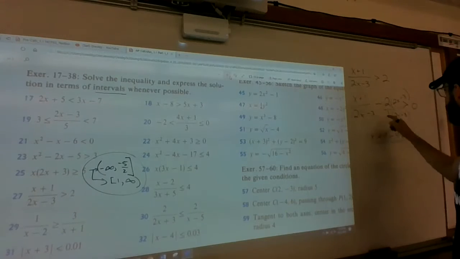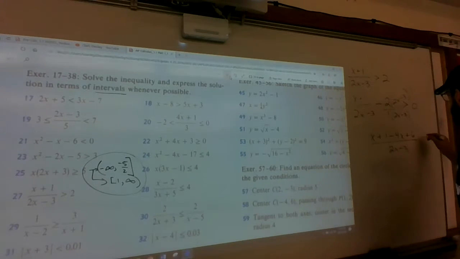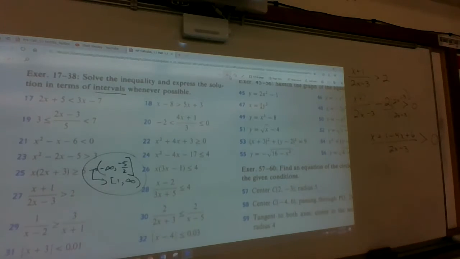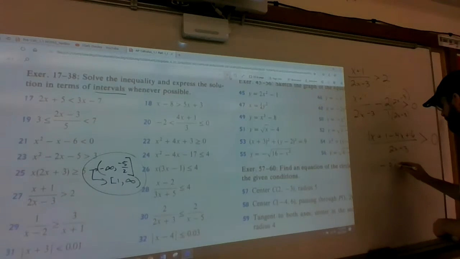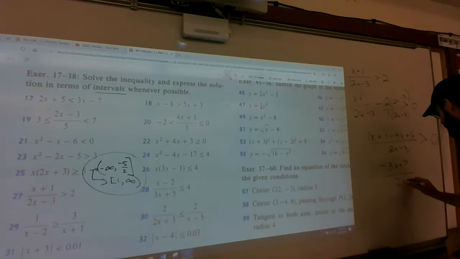All that's going to be divided by 2x minus 3, and that's greater than 0. Simplify the top, you get -3x, because that's a 1, plus 7, over 2x minus 3.